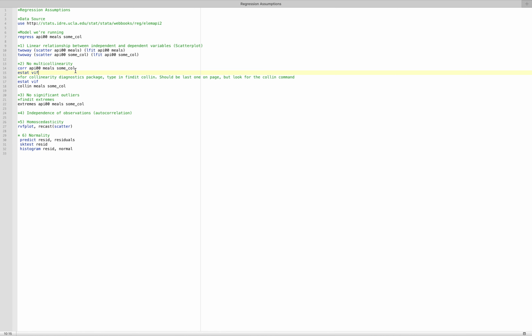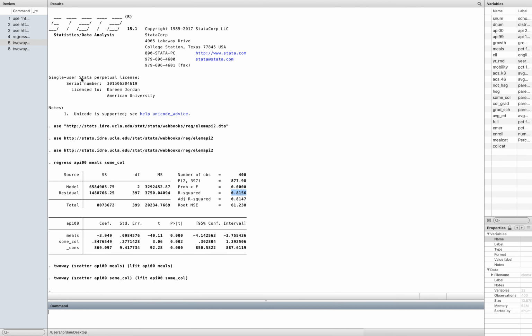So the second assumption of regression is no multi-collinearity or no perfect collinearity. So this just means that there's no highly correlated predictors in your model. So let's talk about why this is important.